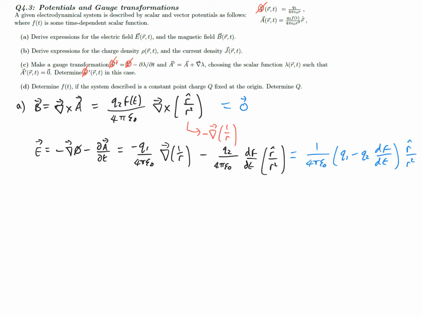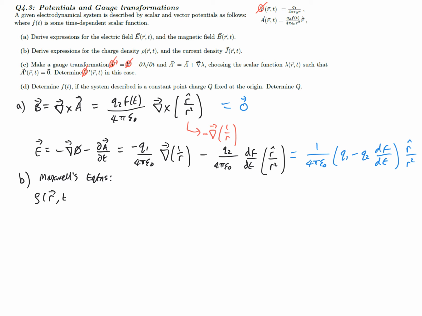Okay, so part B is to use this information to find expressions for the charge density and the current density, and we do that simply via Maxwell's equations. So when using Maxwell's equations, just flag it up in your working to make sure everyone's on the same page.